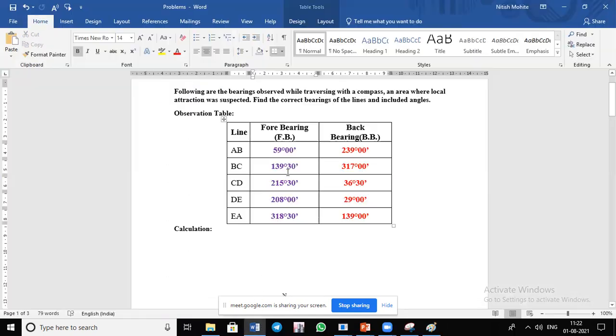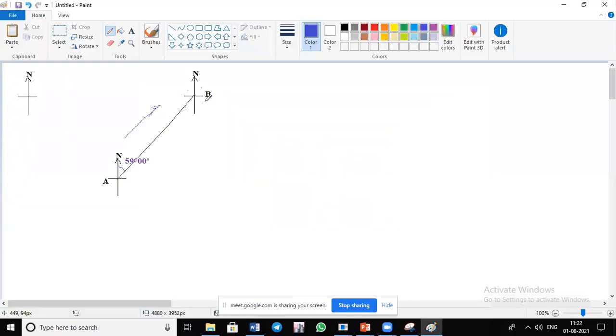The next angle is 139 degree 30 minutes, that is of the line BC. It will be in the second quadrant. I will paste it somewhat here and draw a line joining it.